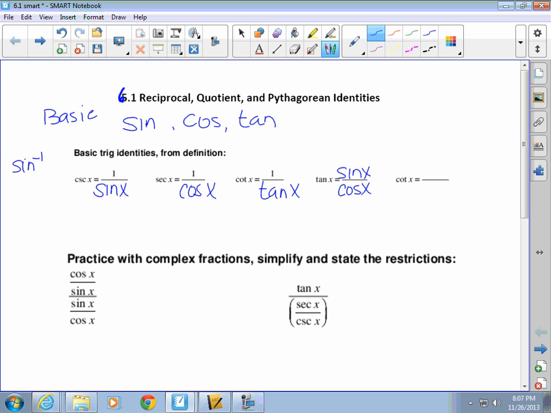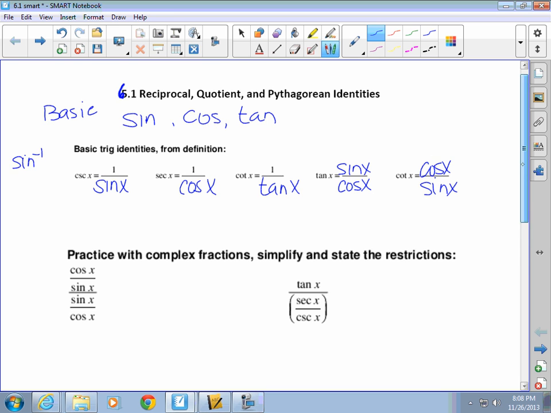So then that means that cotangent, if we're thinking of it in terms of sine and cos, is the reciprocal of the tangent function. So this would be cos x over sine x. So these are the basic reciprocal identities that we're going to be using when we're working with some of our proofs.